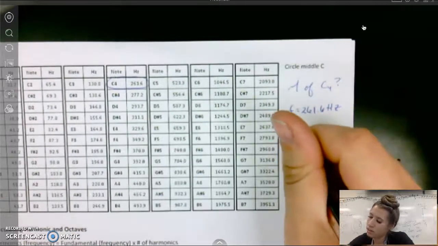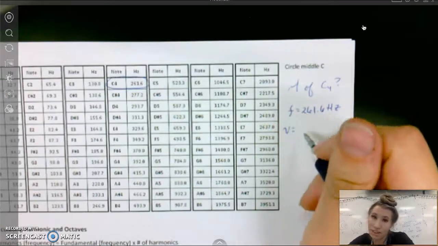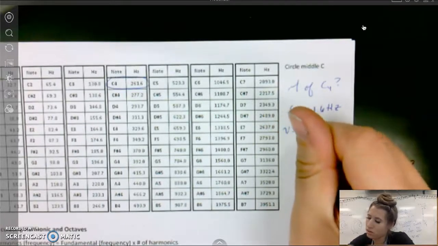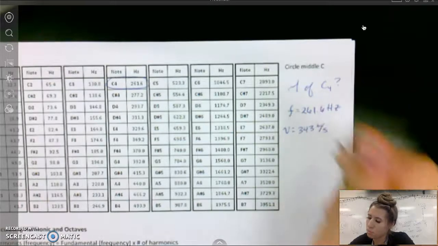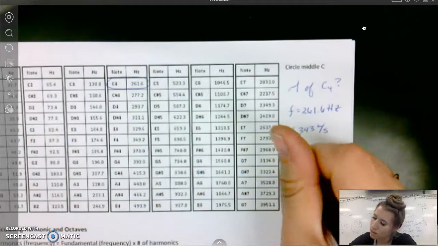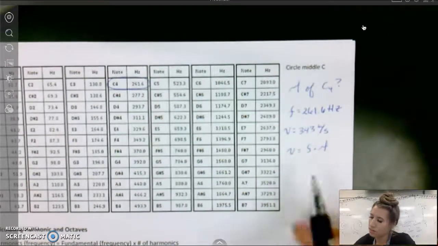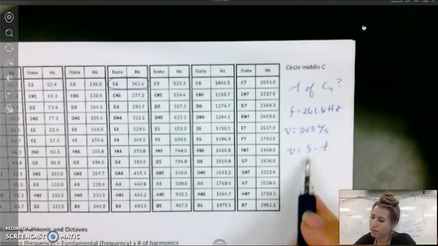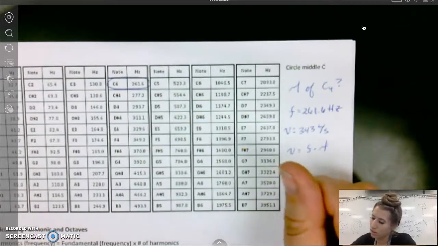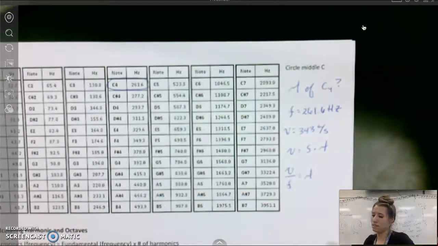And we know that the velocity of the wave, because it's a sound wave in air, is 343 meters per second. And we have an equation, velocity equals frequency times wavelength. So if I want to solve for wavelength, I'll divide by frequency. So velocity divided by frequency equals wavelength.